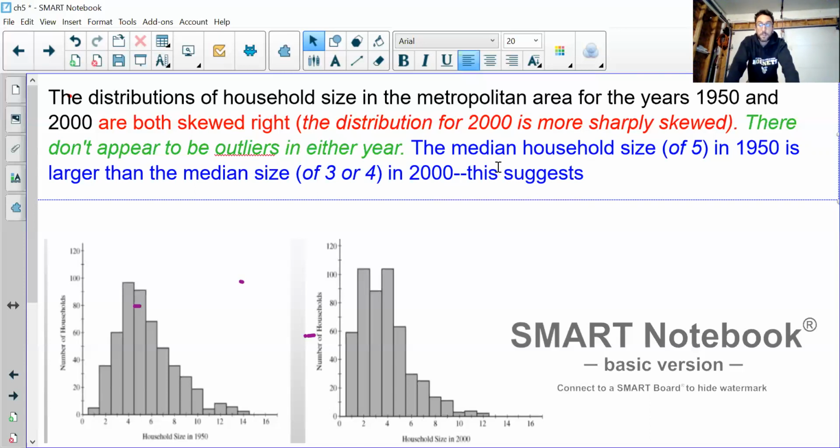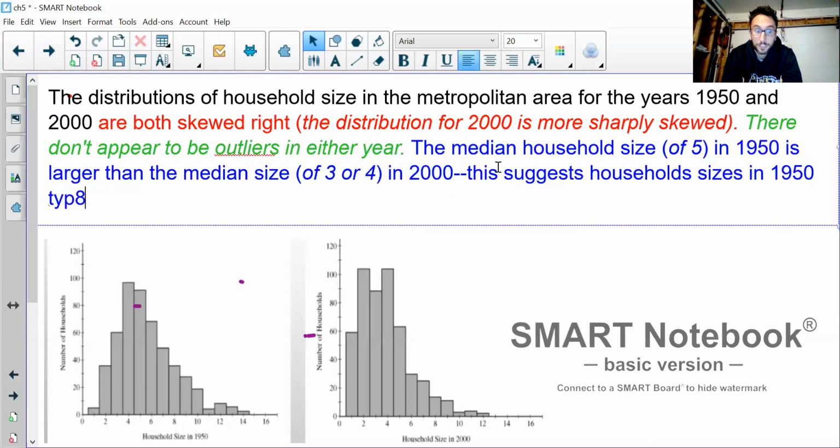Well, remember, with a measure of center, we're attempting to represent a typical value. We're trying to represent a full data set with one number, which of course doesn't always work. But this is a typical value, so I like to use that word. This suggests that household sizes in 1950 typically were larger than in 2000.